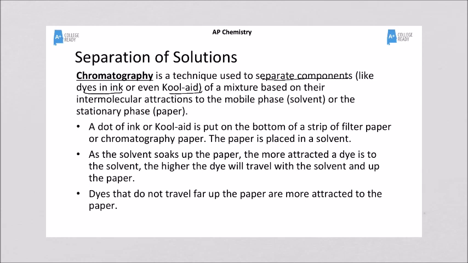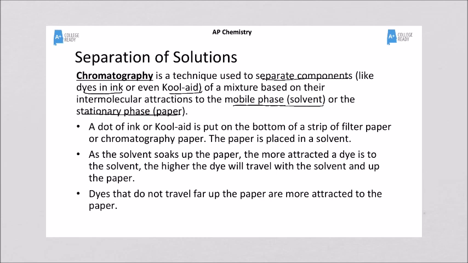Now, this is based on two things. You have a mobile phase, which is our solvent, and a stationary phase, which is the paper or a column. So if you put ink or Kool-Aid at the bottom of a filter paper, it soaks up some kind of solvent, and the dyes that make up the mixture travel different distances up the paper.